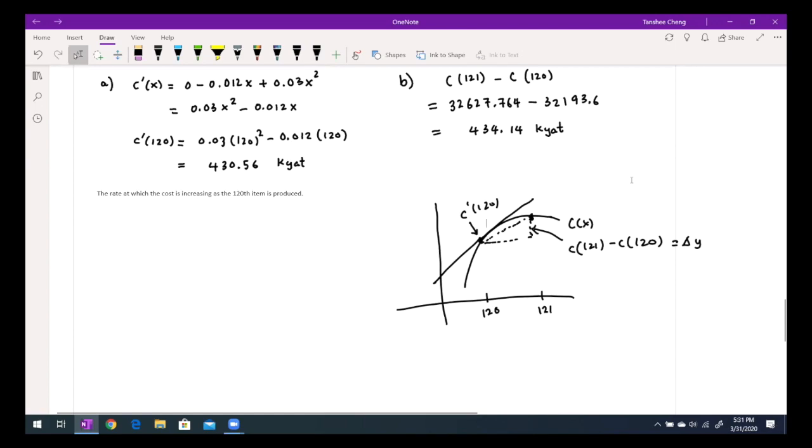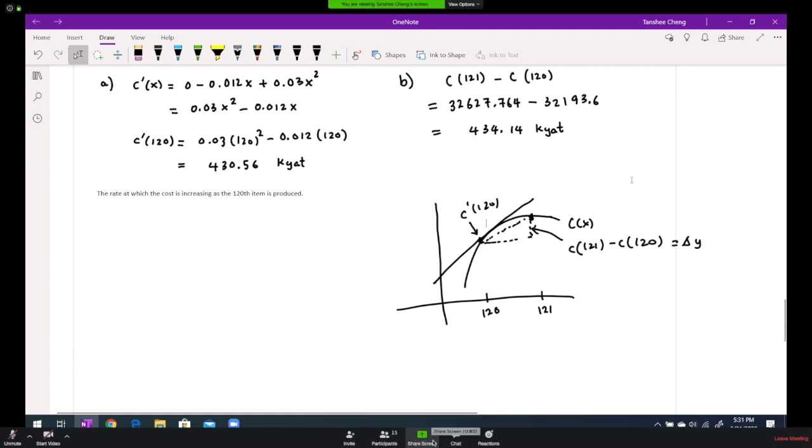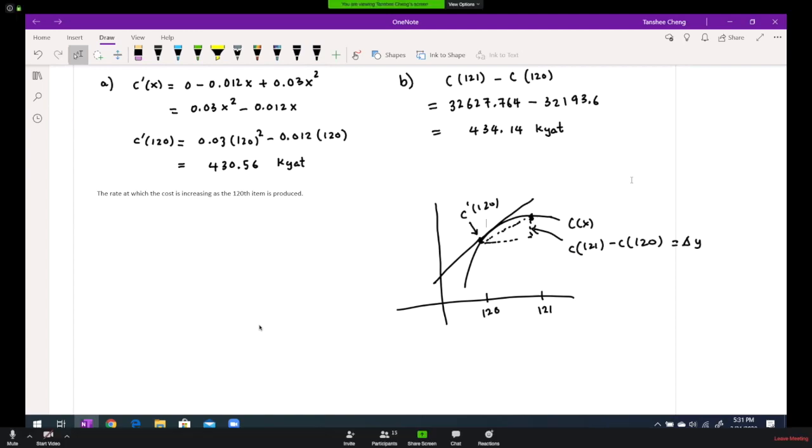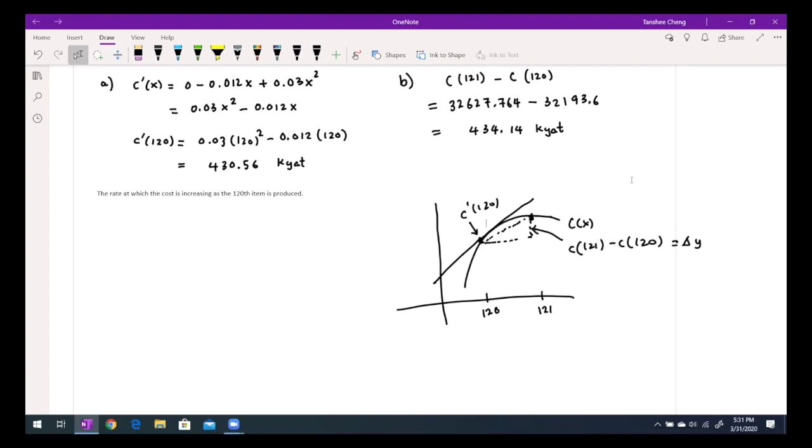Any questions before I move on? So just to be clear, part A was finding the slope of the tangent, C prime of 120. And in this case, you are not interpreting it as the slope of the tangent anymore.